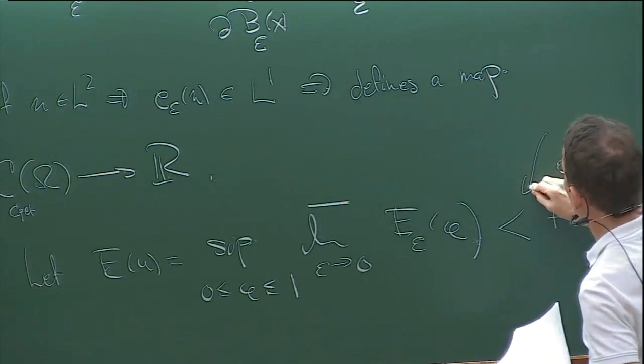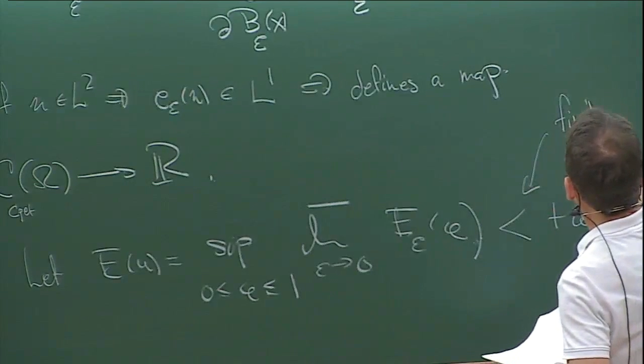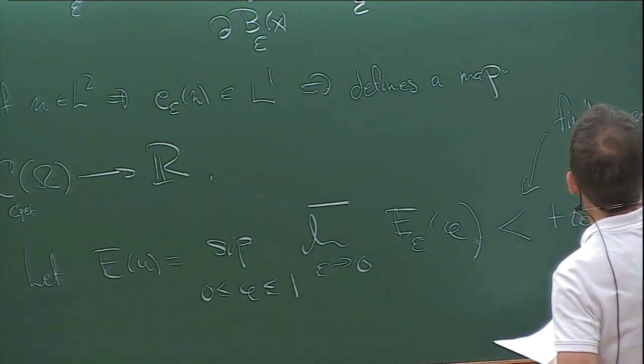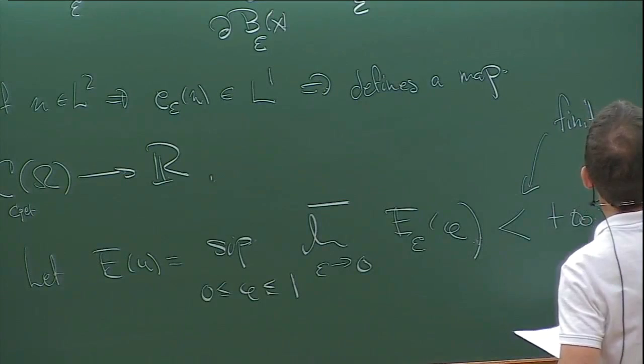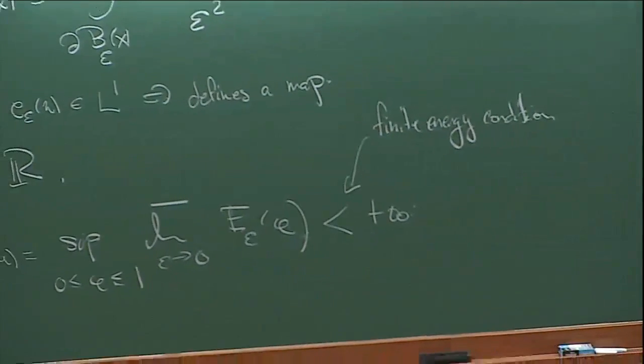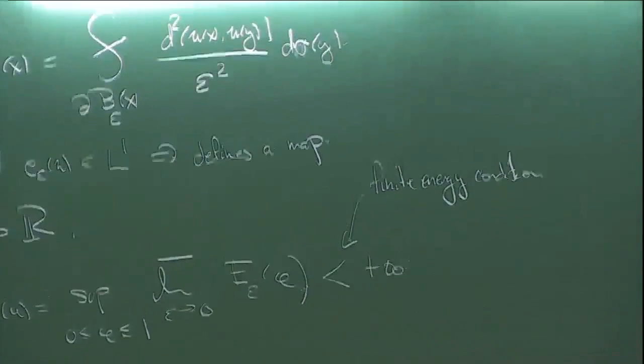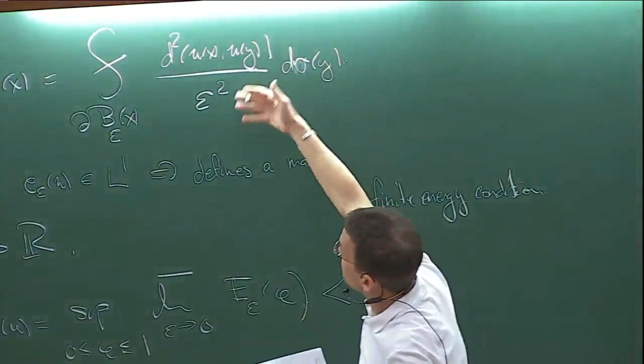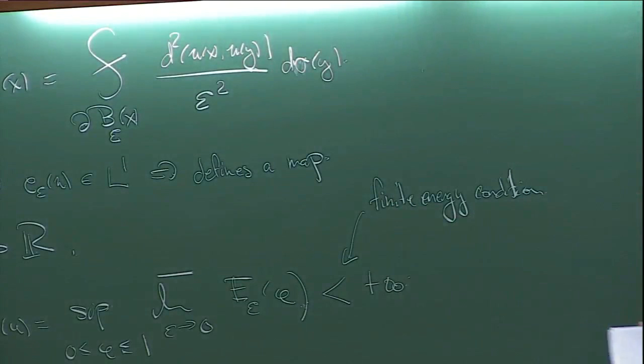This is the finite energy condition. Okay, so that's rather technical, but I just wanted to show you what the definition is. It's done by taking these metric space approximate derivatives and then defining things rather measure theoretically in some sense.